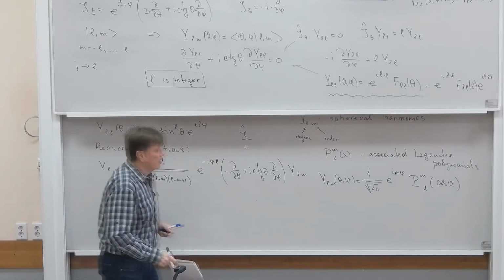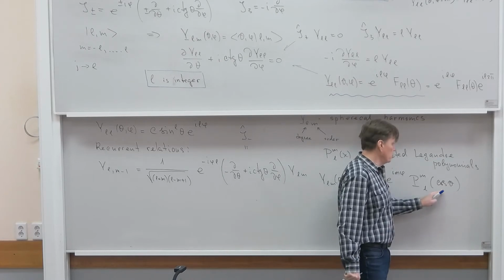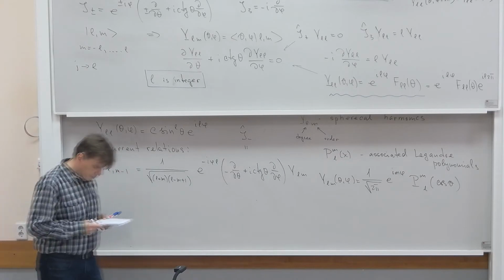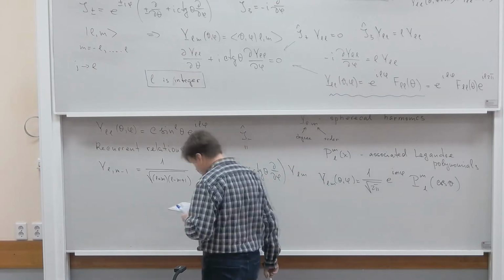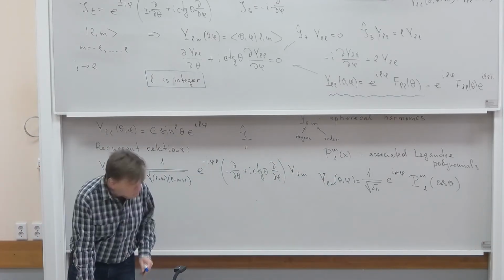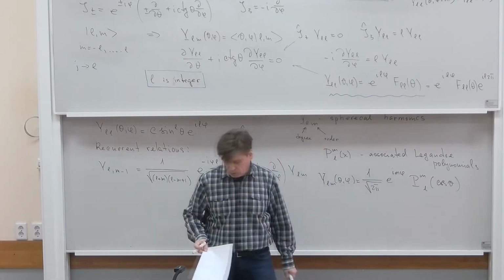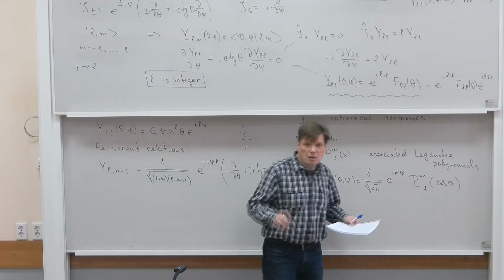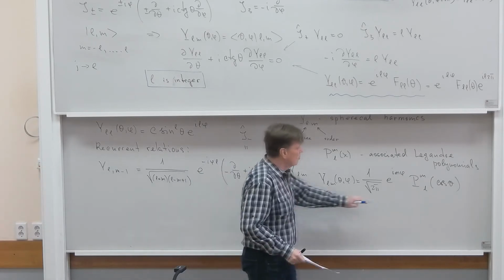So the angle theta enters these expressions through the cosine in a polynomial way. I will not present here explicit expressions for the Legendre polynomials. With all normalization factors, they are a pretty mess. You may find them in many textbooks.